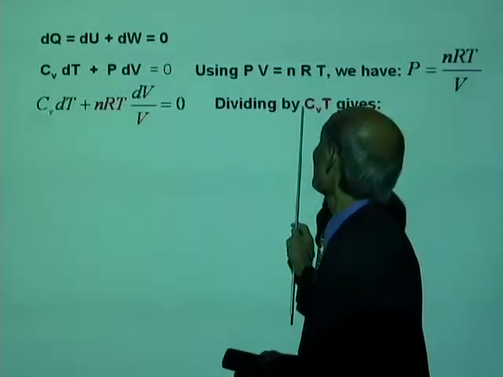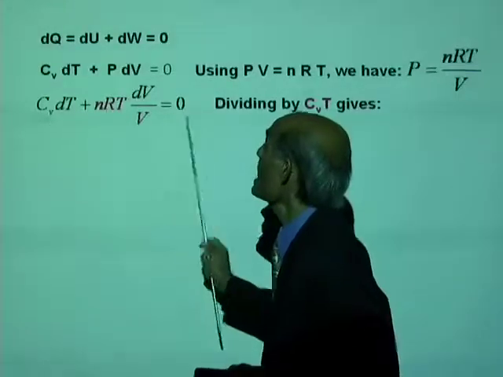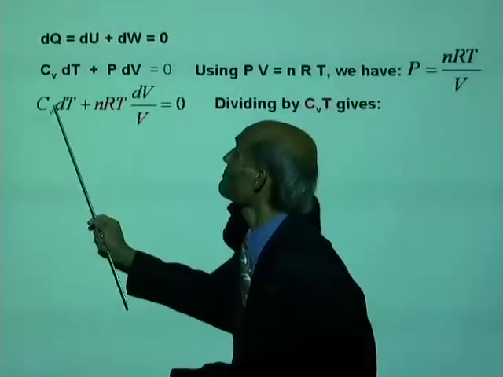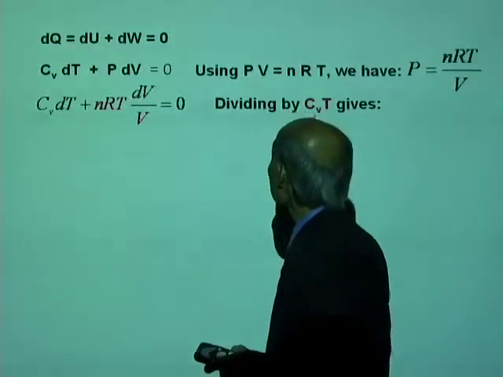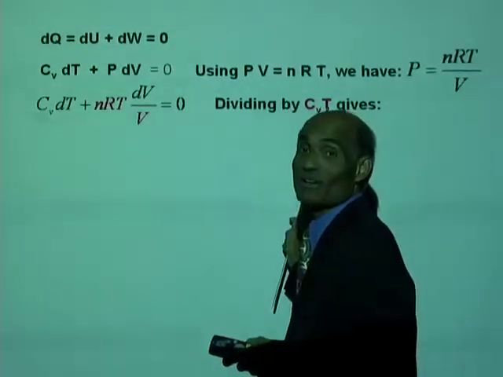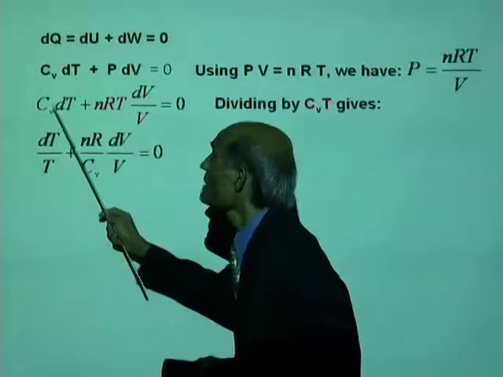Now divide each term by Cv times T. What happens when you divide this Cv dt by CvT? You will get dT over T. There you are.